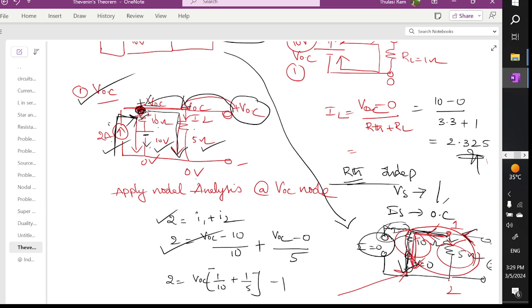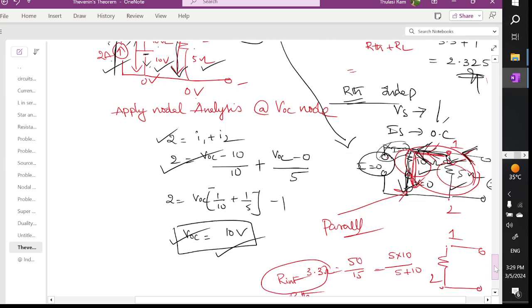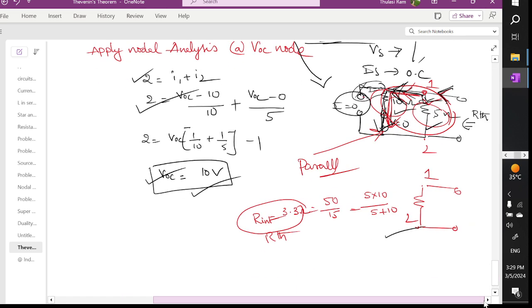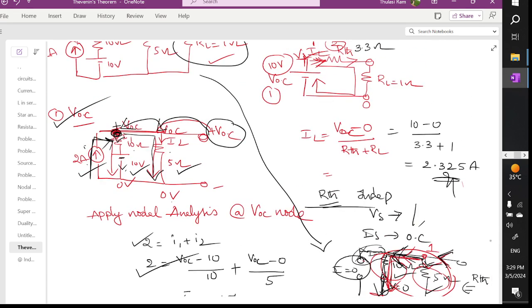The current divides only between 5 ohm and 10 ohm. I can say 5 and 10 are connected in parallel. When you apply the parallel formula, you get this Thevenin resistance automatically. You can substitute in your formula 10 divided by R Thevenin 3.3 plus RL 1. You are going to get the answer as 2.32.